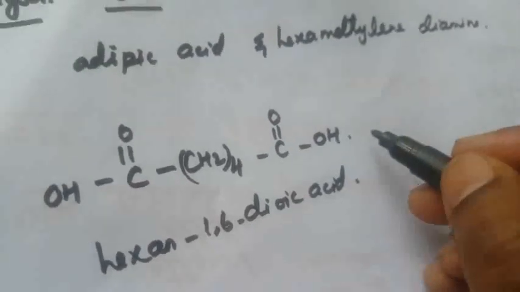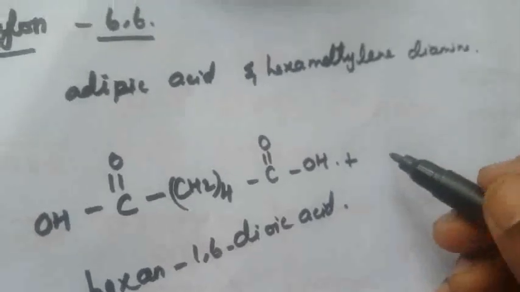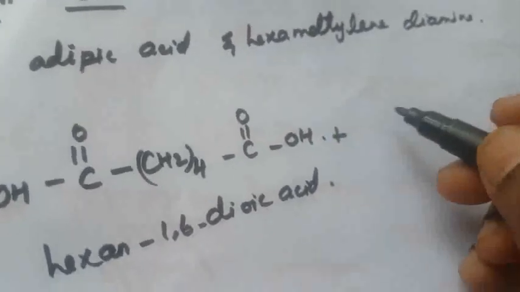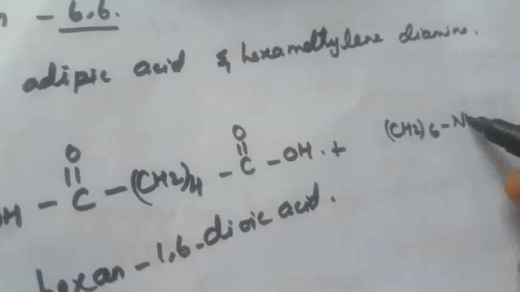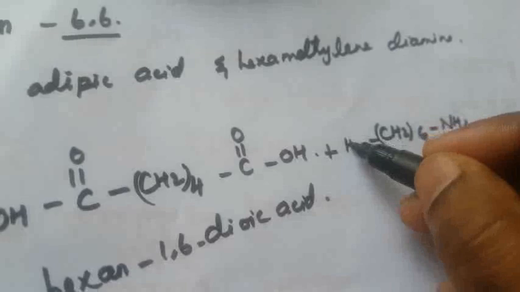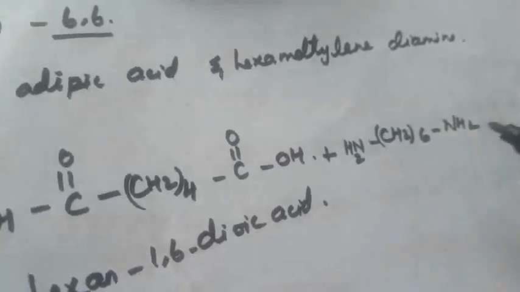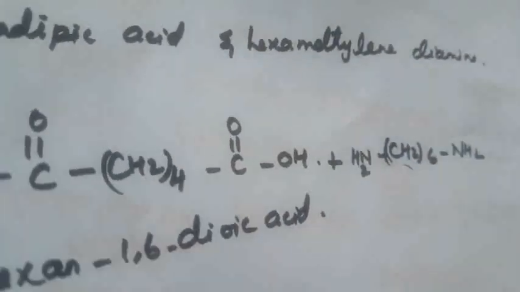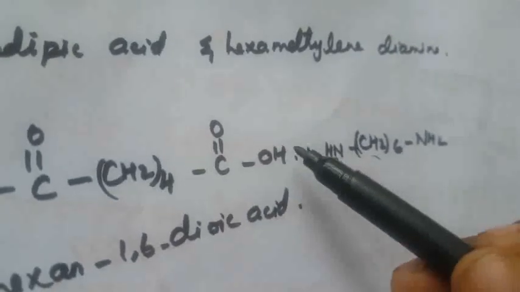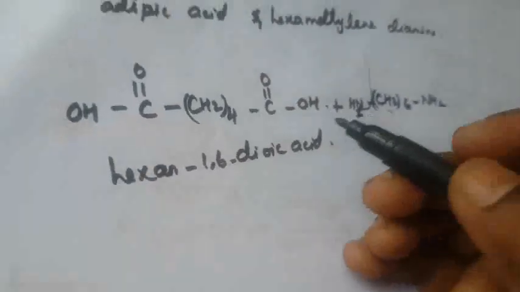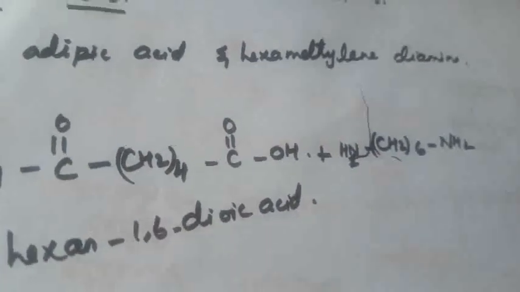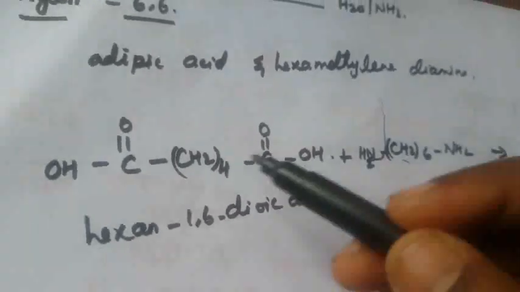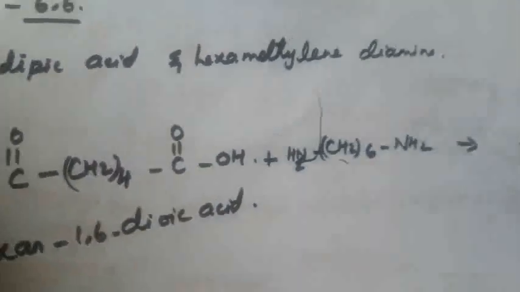Next, it is combined with hexamethylene diamine. So hexamethylene, that is (CH2)6 with NH2 on both ends. So this is the other compound. Here 2 water molecules are involved. The first compound is hexamethylene diamine, and these are the 2 compounds. After that, the salt, the nylon salt, will be formed.